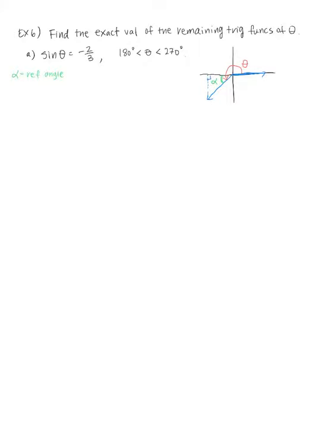All right, so sine is opposite over hypotenuse. So that's saying that since sine of theta is -2/3, the opposite side has length 2, and the hypotenuse has length 3.